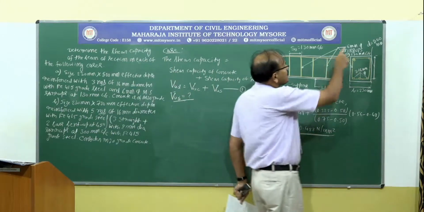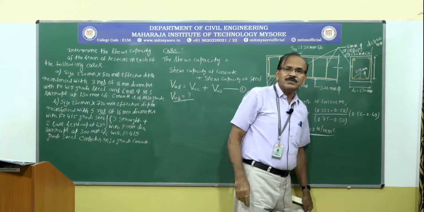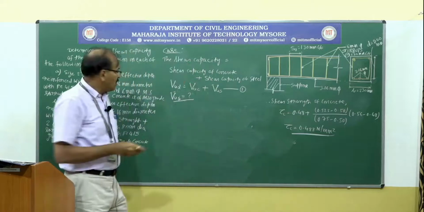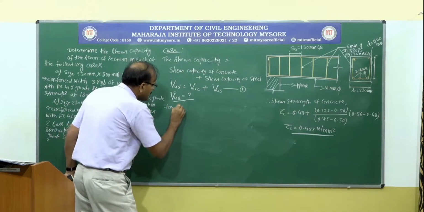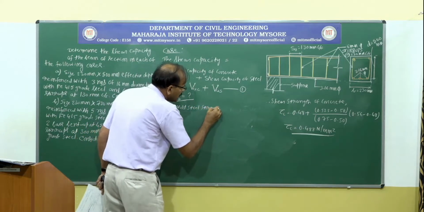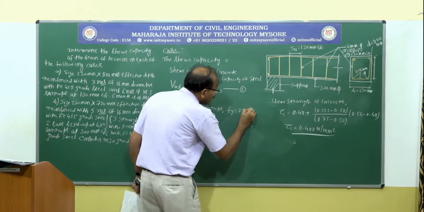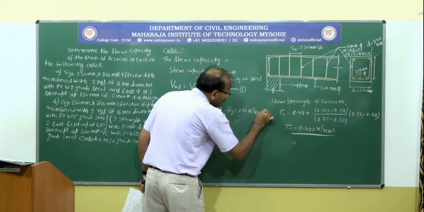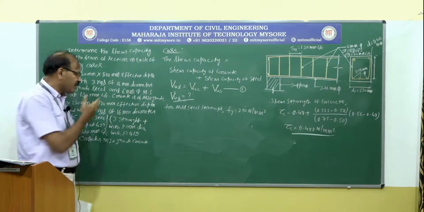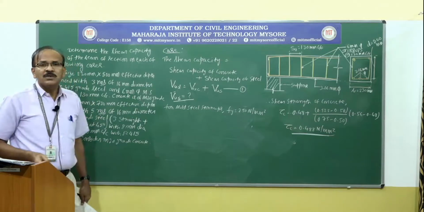We are providing 6 millimeter diameter stirrups at 130 millimeter center to center. We have got mild steel stirrups. That is, for mild steel stirrups, Fy equal to 250 Newton per millimeter square. That is the characteristic yield strength of the mild steel. And what is the diameter of this stirrup? That is 6 millimeter.